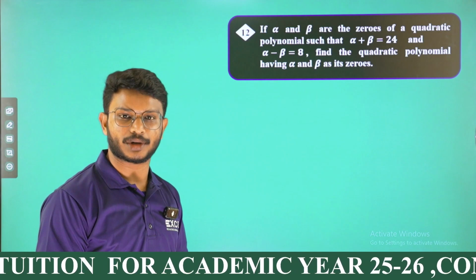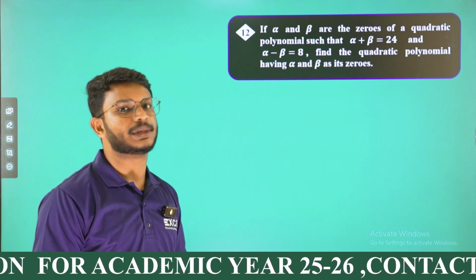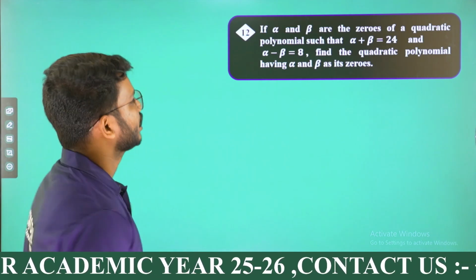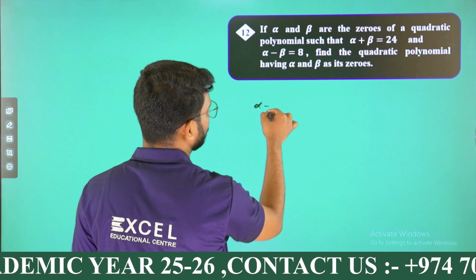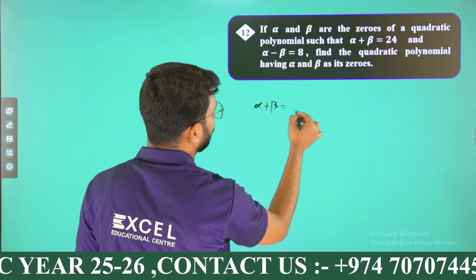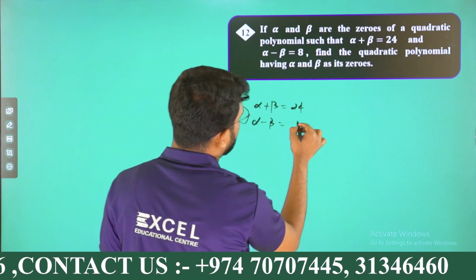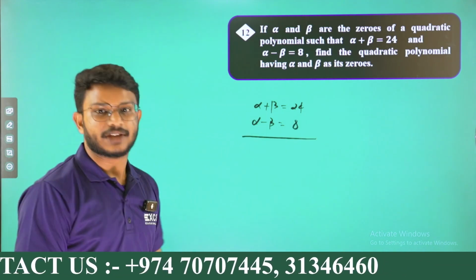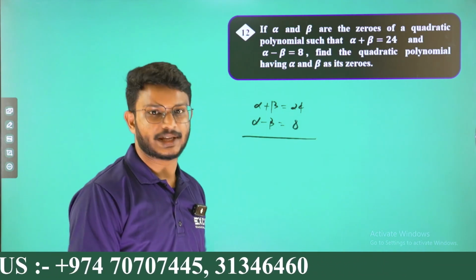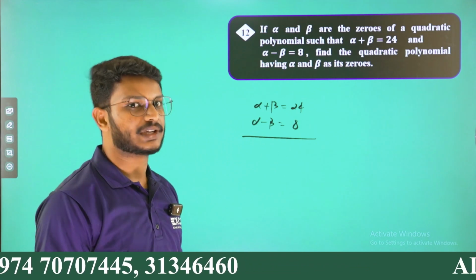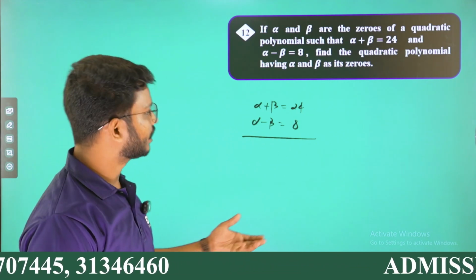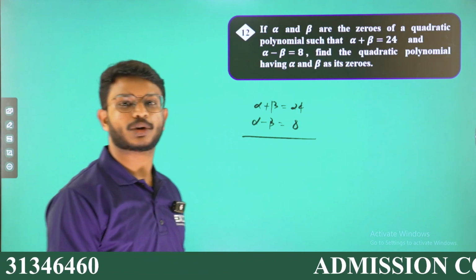So we have to form a quadratic polynomial with alpha and beta as the zeros, right? Here we can list the given conditions. Alpha plus beta is equal to 24 and alpha minus beta is equal to 8. Easy question. We can eliminate these two, then find alpha and beta, then we can find the sum and product, then we can form a quadratic equation, right?